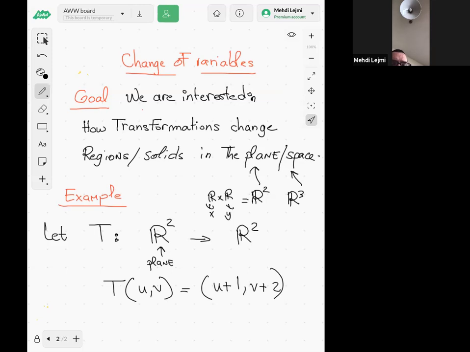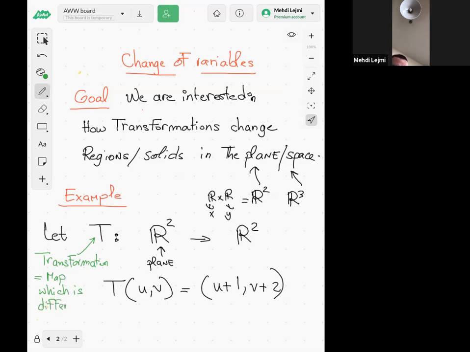You can guess here, guys, I'm using the letter T because T stands for transformation. When I say transformation, I mean a function or a map between R2 and R2, which is, let's say, differentiable. So T, a transformation, means that T is a map of the plane which is continuous and differentiable.